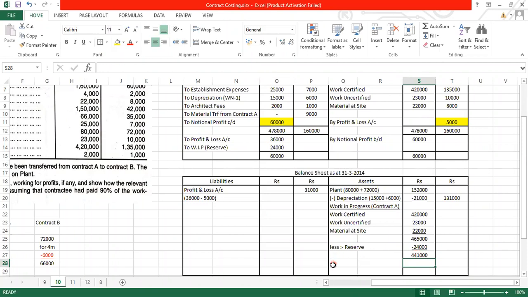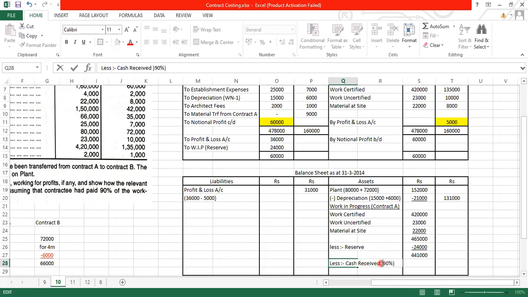And later we subtract the cash received. So less cash received. Which is 90% of work certified.